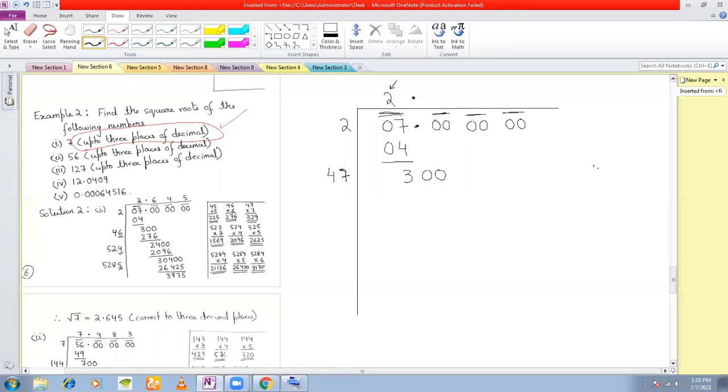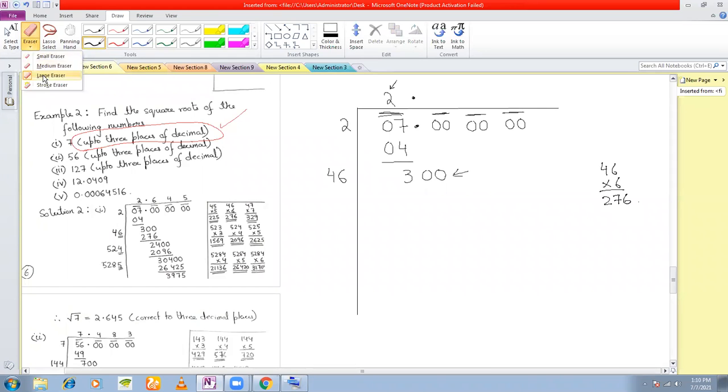Therefore 47 into 7 will give me 329. 329 is greater than 300. So we cannot write 7. That means we need to introduce a digit that is less than 7. So we try with 6. 46 into 6 is going to give us 276, right?